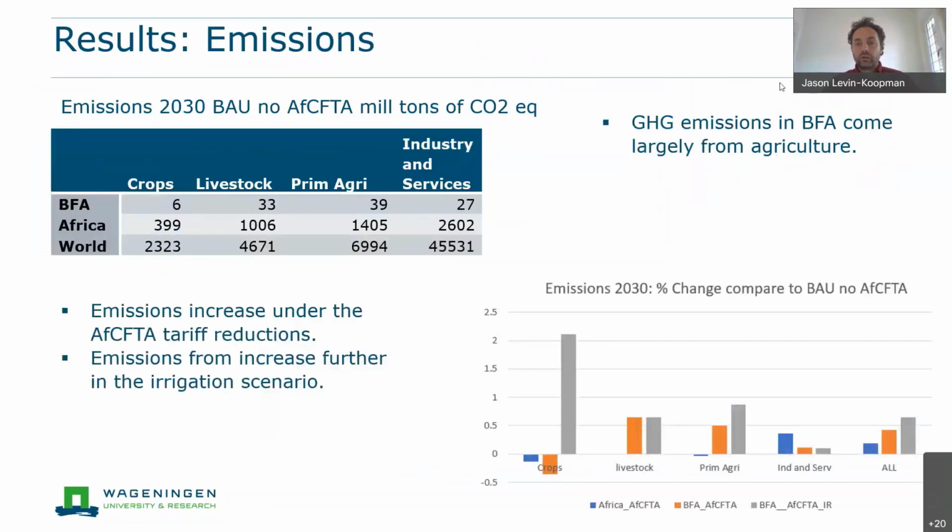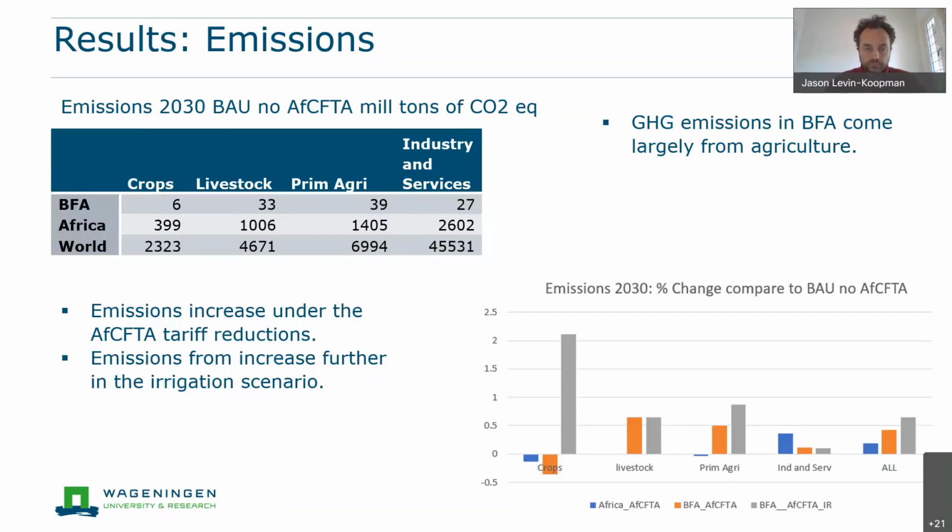And finally, what does this all mean for emissions? The top left table shows the emissions in 2030 in the business as usual scenario, in million tons of CO2 equivalent, for Burkina Faso, the African continent, and the world as well.